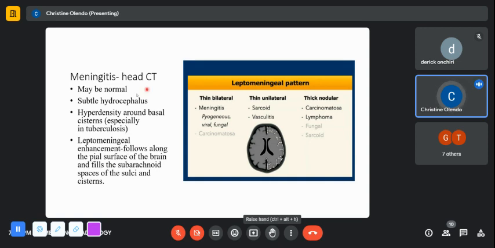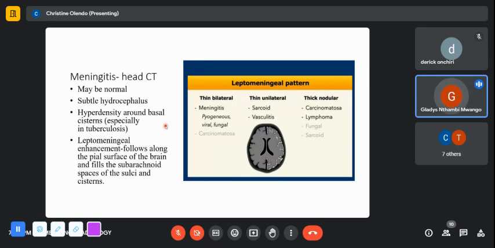Maybe it would be the complications that are associated with meningitis. You may not see much, maybe some edema, but the main thing you want to look for is if there's increased intracranial pressure, if there are any signs of herniation. That's the thing you really have to tell them, because they might want to do an LP, and they should be able to do that comfortably.